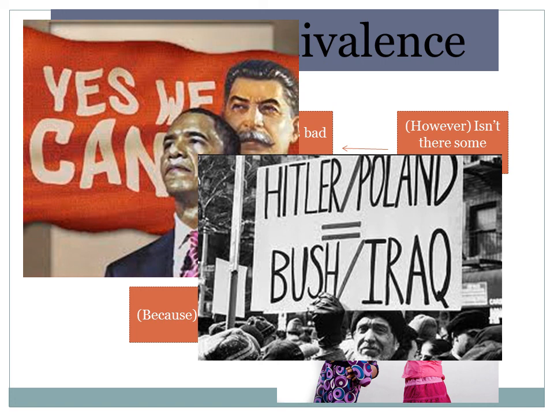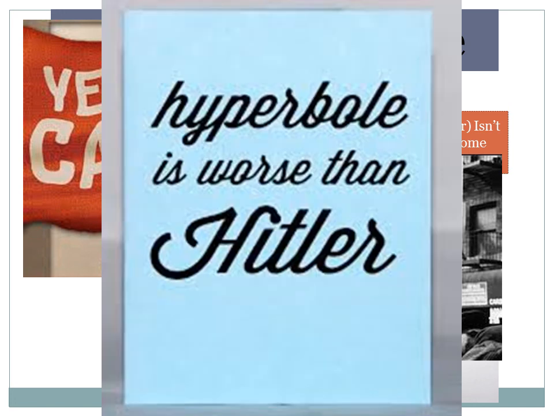Even if you think that the invasion of Iraq was a bad idea, it's pretty hard to say that it was as bad a thing as Hitler invading Poland. So moral equivalency arguments try to convince you that if something that you like or want to do is bad, it's just as bad as the worst thing they can imagine, which isn't always true. Always keep in mind, hyperbole is worse than Hitler.